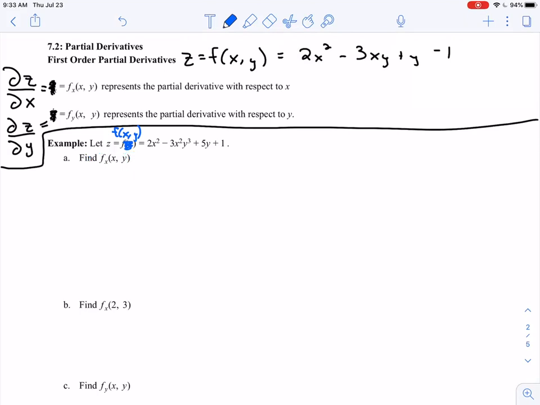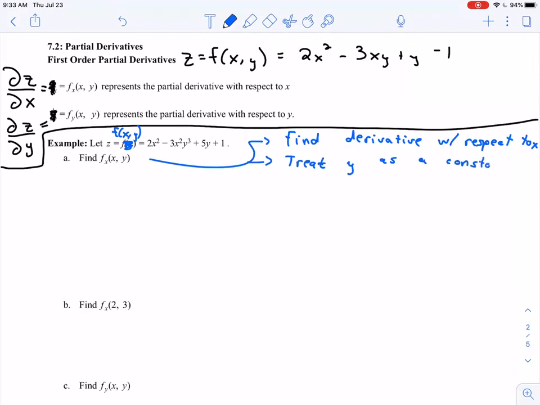So what that means is I want to, and I'm going to write this over here, find the derivative with respect to x. And another thing that this means, and this is I think the trickier part right here, we're going to treat y as a constant.